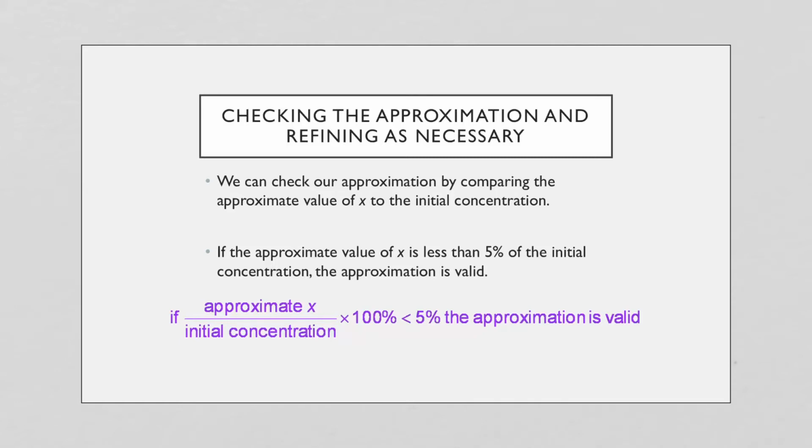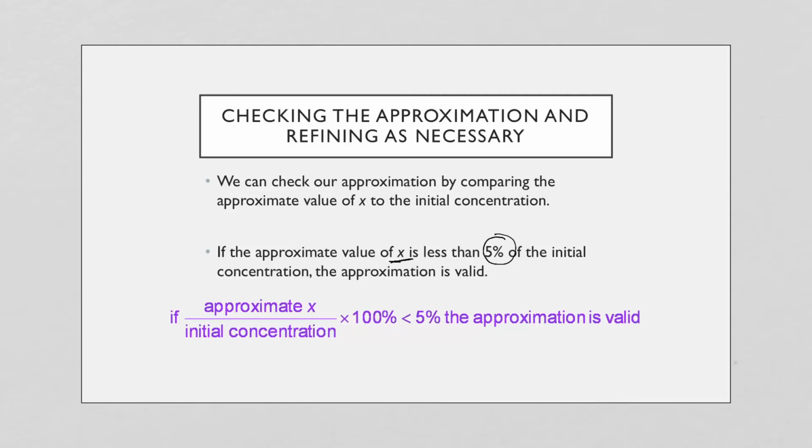The cutoff where we find it acceptable to make that approximation is if the approximate value that we calculate for x is less than 5% of the initial concentration. Another way of saying that is if the change in our initial concentration is less than 5%, then we can say the approximation is valid.